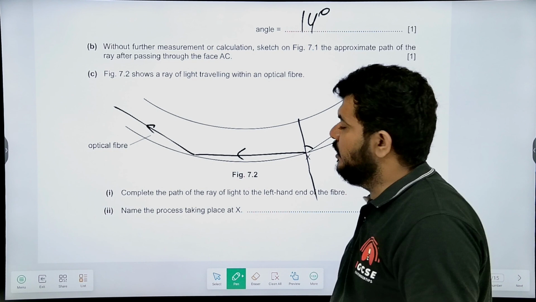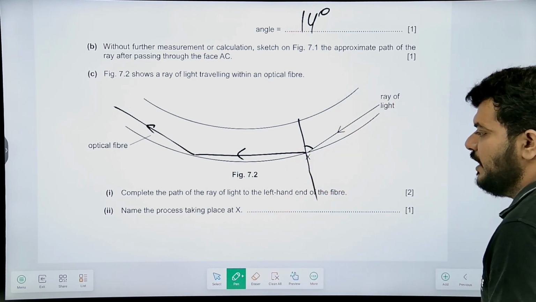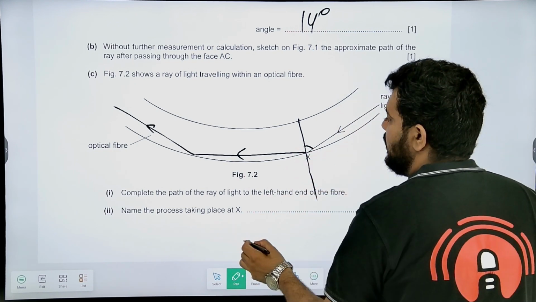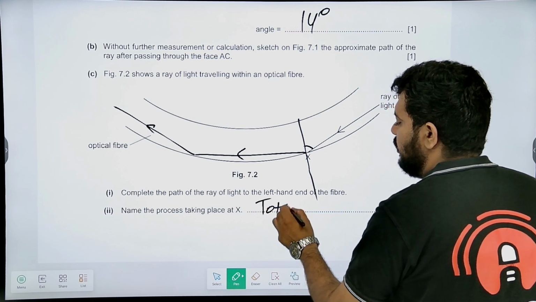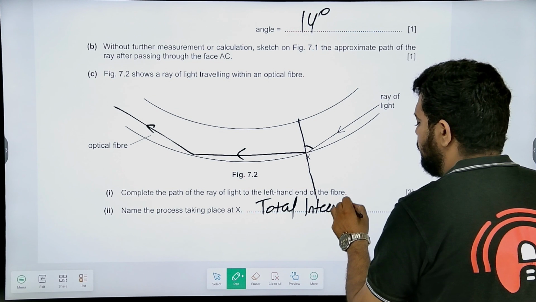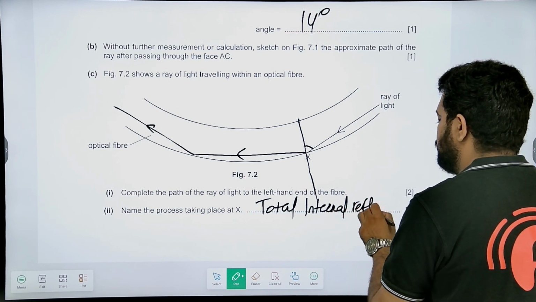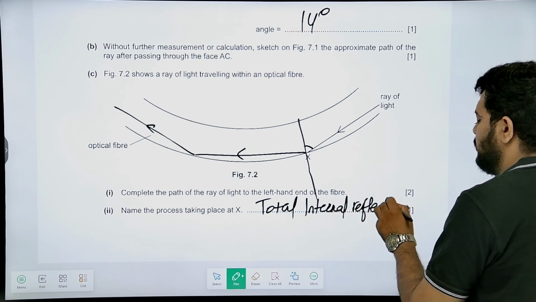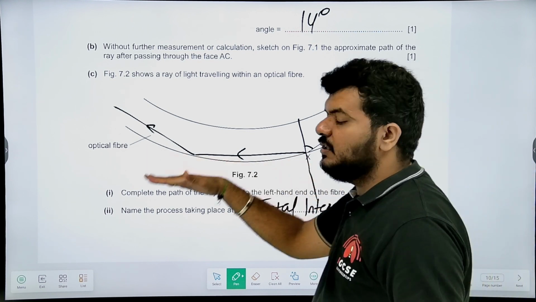We have to take care of the fact that the angle of incidence is very high. Name the process taking place at x. It is total, don't write TIR, okay, total internal reflection, not refraction. It is going back in the same medium.